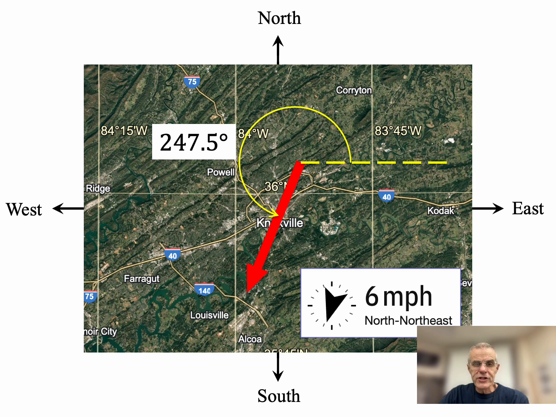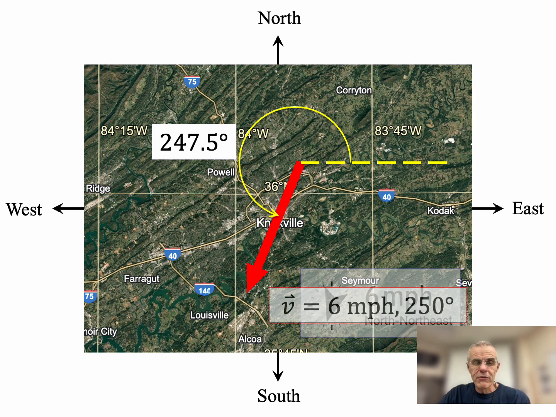So this would be our direction angle, and then 6 miles per hour would be a description of the magnitude. And then we would write it in the following way. So how would we typically write a vector in physics? Like this. The velocity v, and notice there's a little arrow symbol on top of the v.